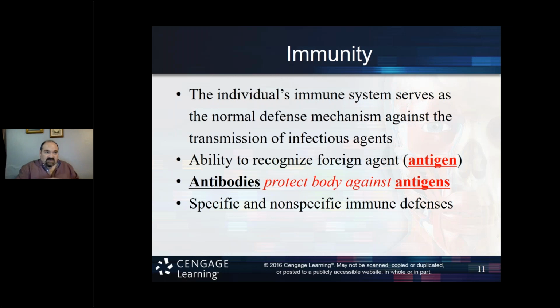That's a foreign cell that could cause us sickness and illness. But they'll mark it for destruction by neutrophils, by macrophages, by cytotoxic T cells, by natural killer cells. Do you understand that they'll mark them, say, hey, this is a bad cell, and have the cleanup crew take care of it, so to speak? Okay.